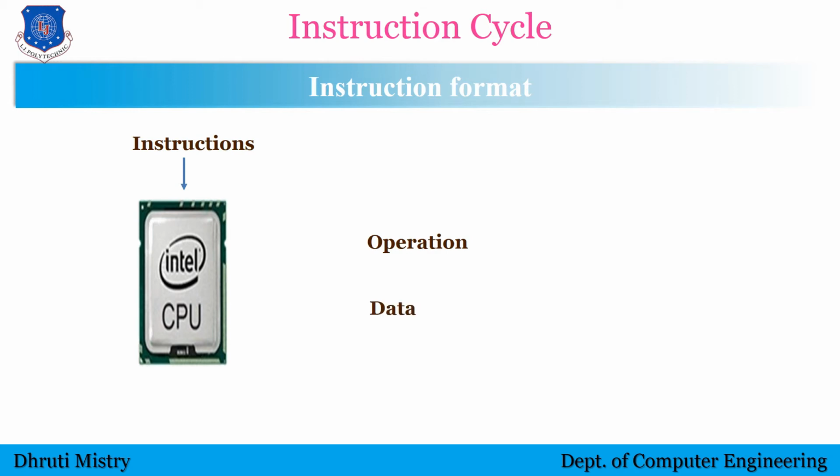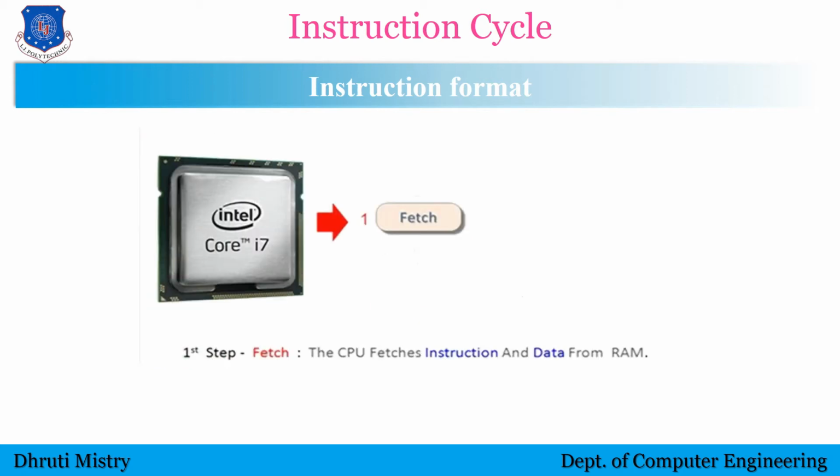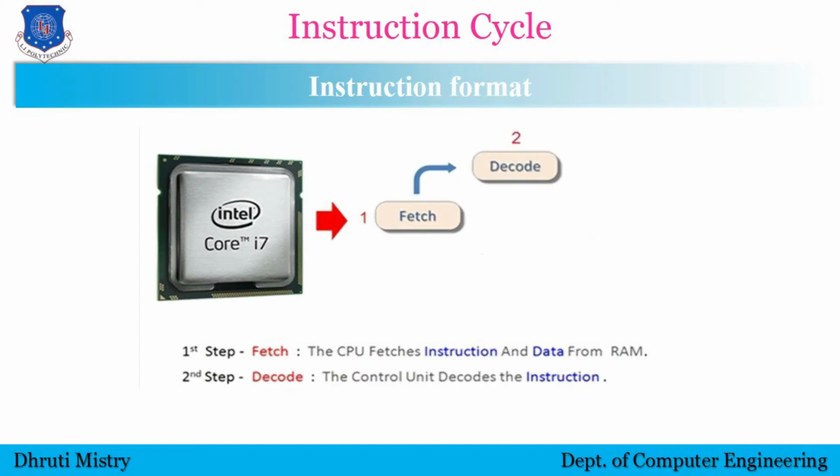Then the CPU starts the program execution by fetching the program instructions one by one from the main memory, and the control unit of the CPU decodes the program instruction. The control unit decodes the instruction based on the instruction format. It is the instruction format which provides the details of the operation to be performed and the data on which the operation is to be performed.